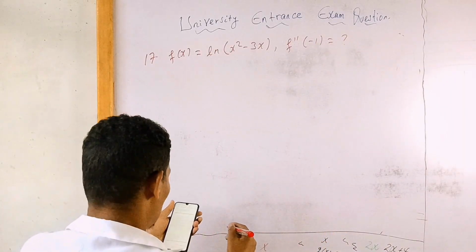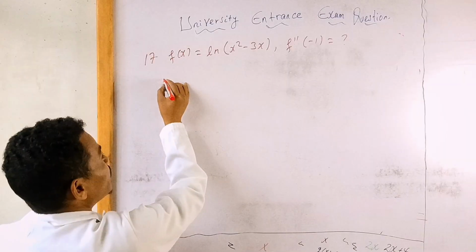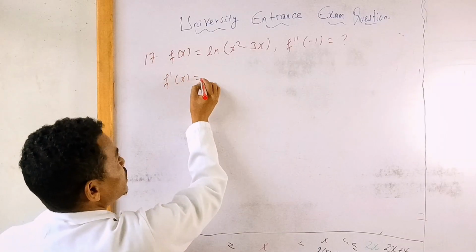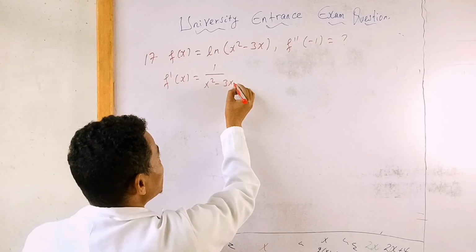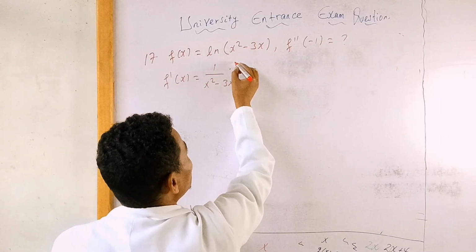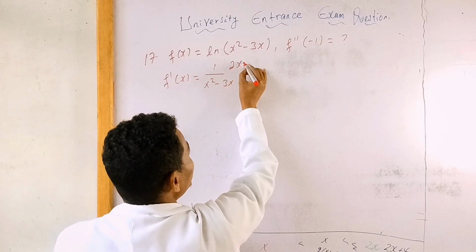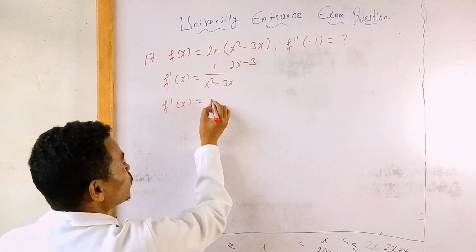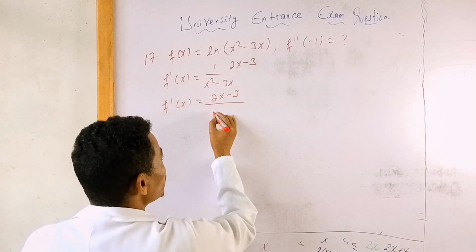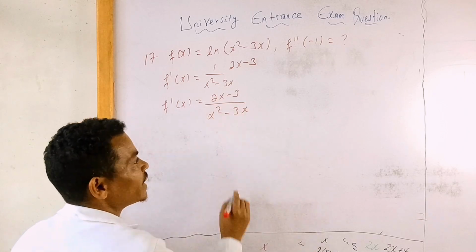So to work this, f derivative at x is equal to 1 over x square minus 3x times the derivative of the inner function, x square minus 3x derivative is 2x minus 3. So f derivative at x is equal to 2x minus 3 over x square minus 3x.